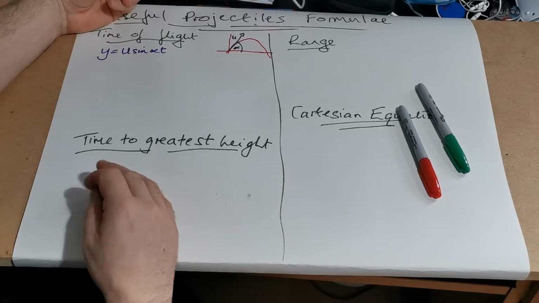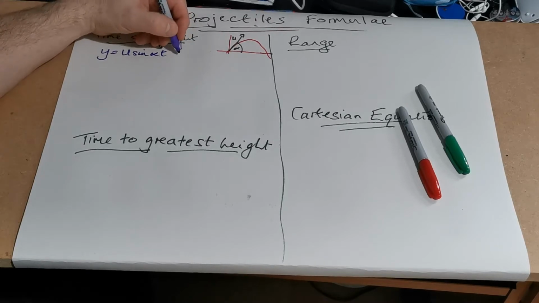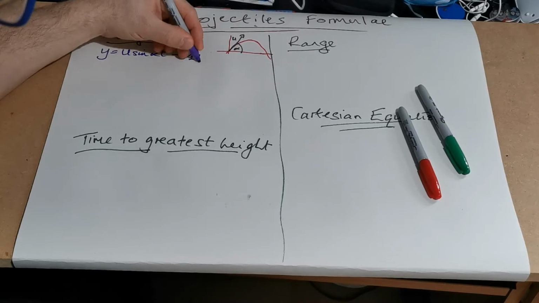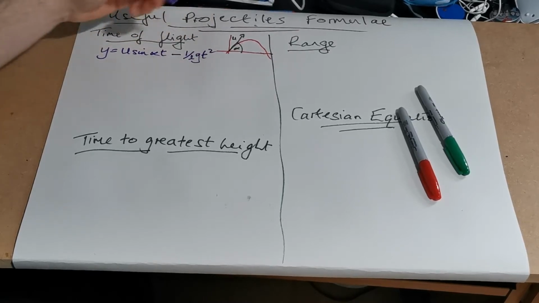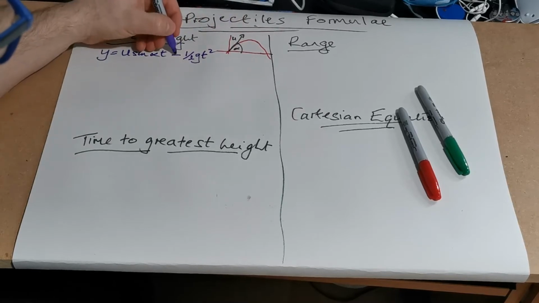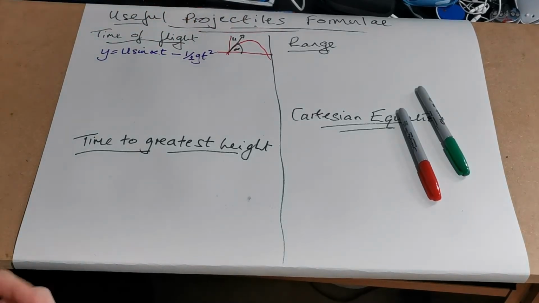So I'm going to look at s equals ut plus half a t squared, minus half g t squared, and really that's because g is in a negative direction and that's what makes this negative, but otherwise that's plus half a t squared.